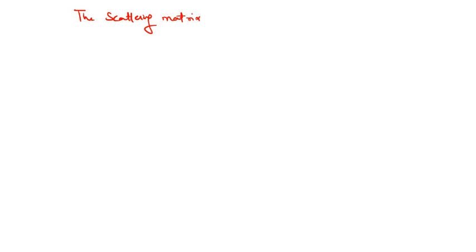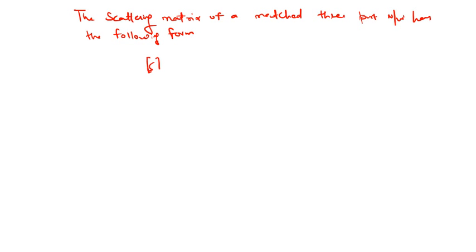The scattering matrix of a matched three-port network has the following form. So it is 0. All the diagonal elements are 0.